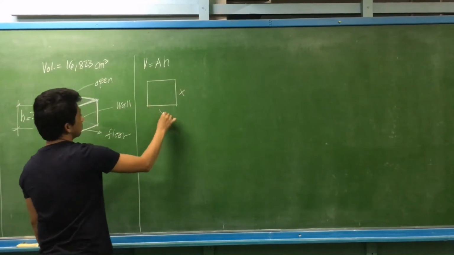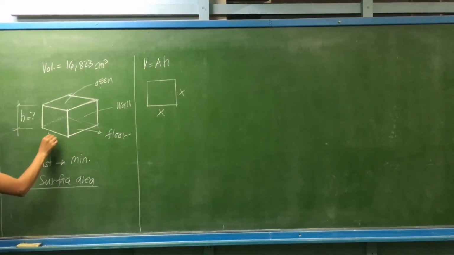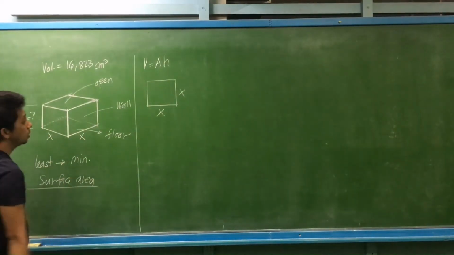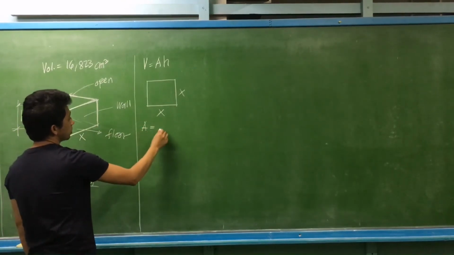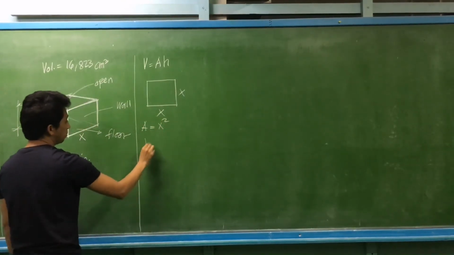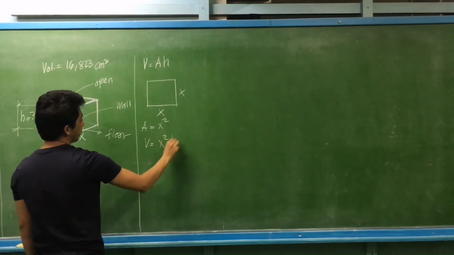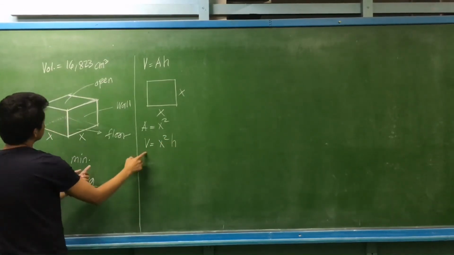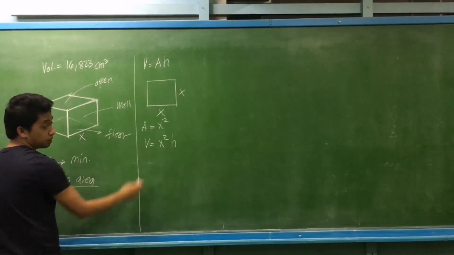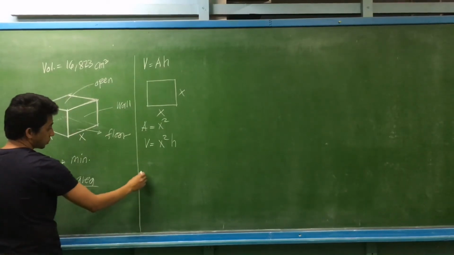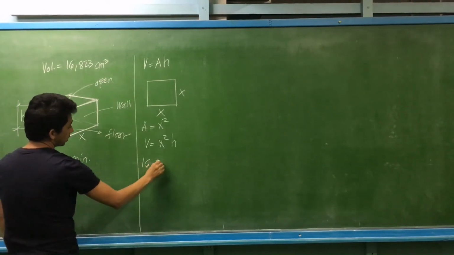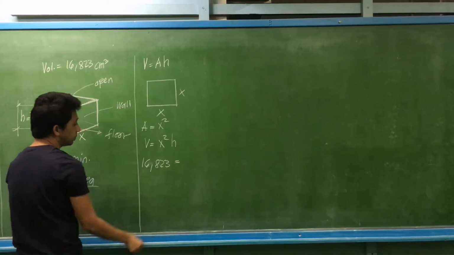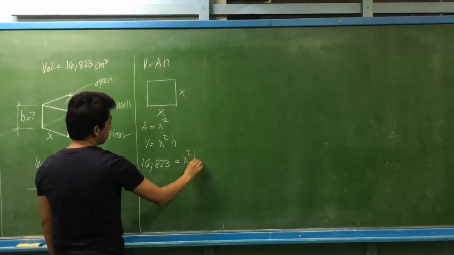So say x by x na lang. So the square base, x. So the area of the base is obviously x squared. We have the volume is equal to x squared times h. Substitute yung value dito, we may perform the first differentiation. This is 16,823 is equal to x squared h.